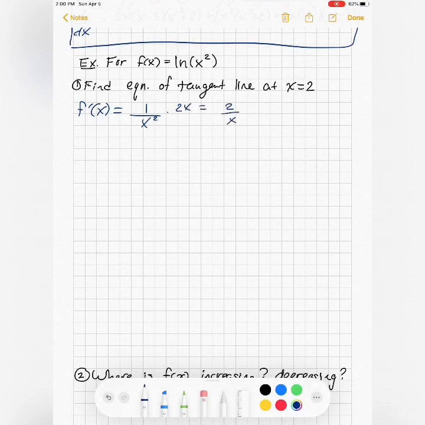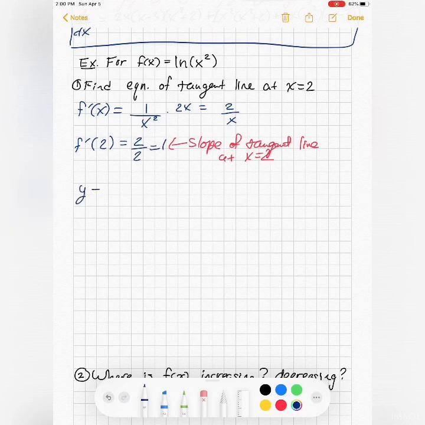It's just 2 over x, that's an easy one. Okay, what about f prime at the value 2? Also easy, huh? So what is that? That's the slope of the tangent line at x equals 2.